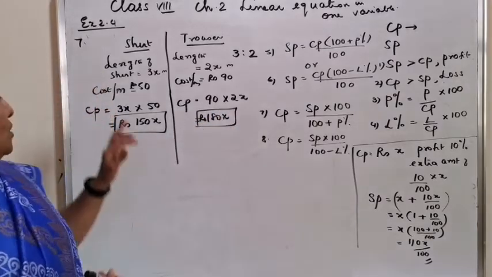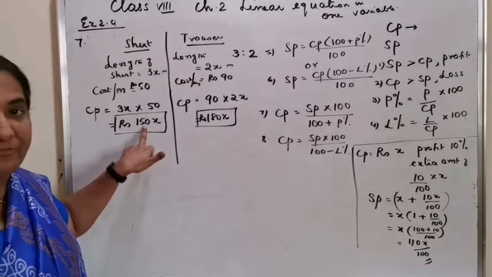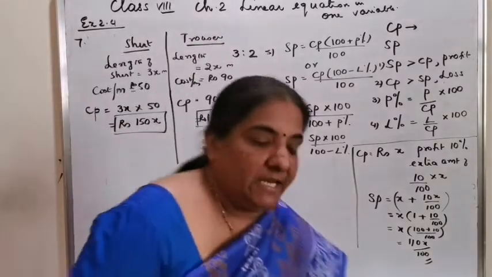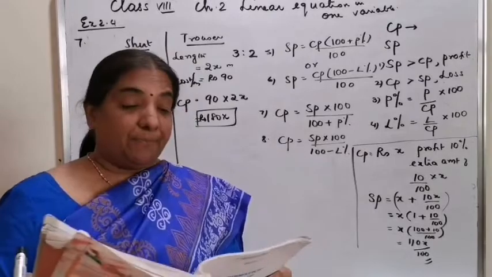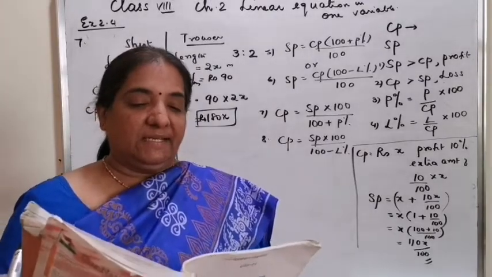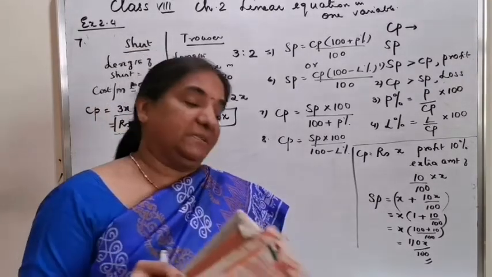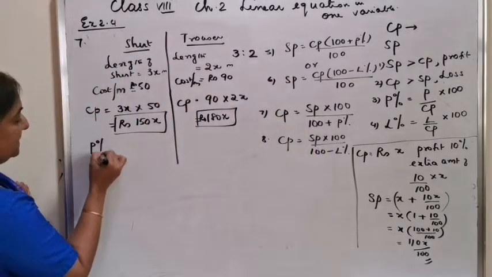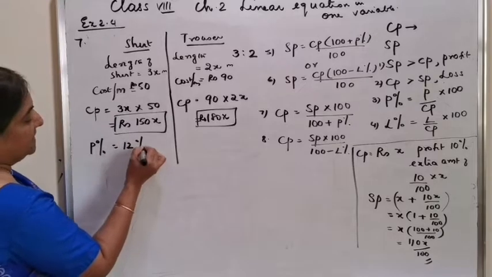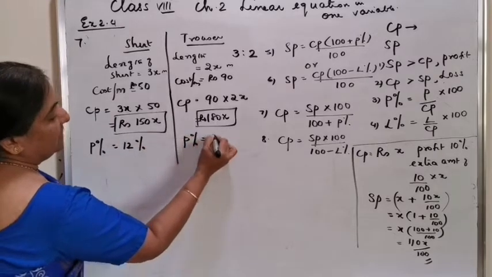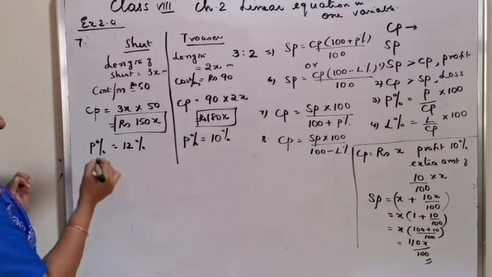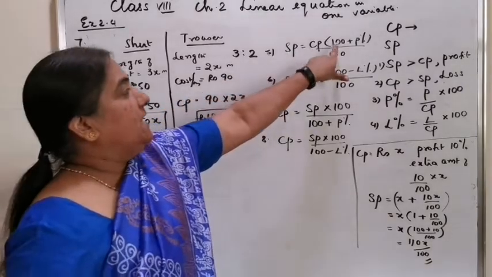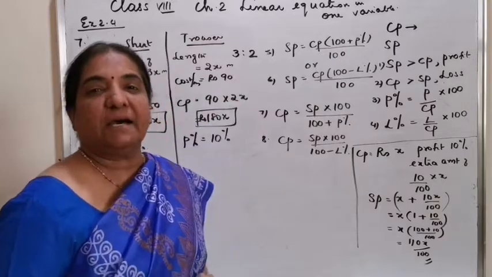That is, the cost price of shirt is 150x and the cost price of trouser is 180x. Now, in each of these, he made a profit. He sells the materials at 12% and 10% profit. What is the profit percent here? It is 12%. And what is the profit percent here? That is 10%.